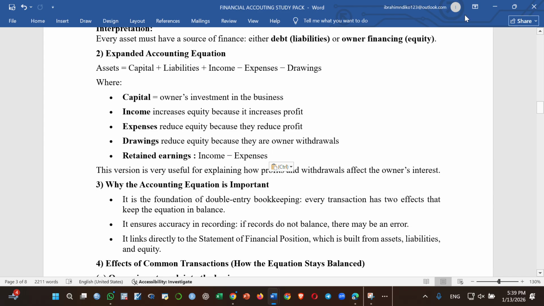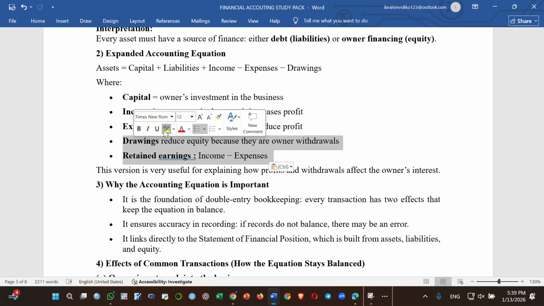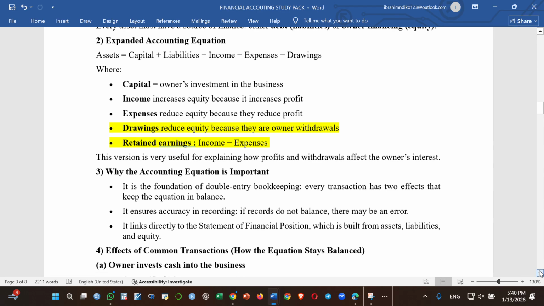The last two we shall talk about in detail later. So for now, you just know that drawings can be in form of money or goods. So you withdraw money from the business for personal use, or you take some goods from the business for personal use.